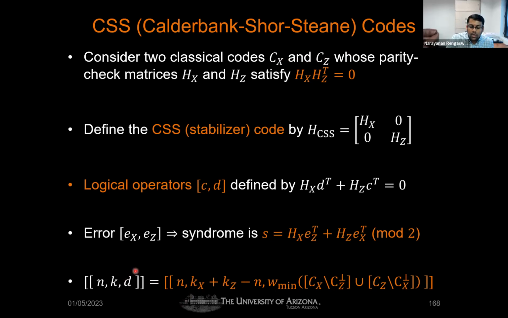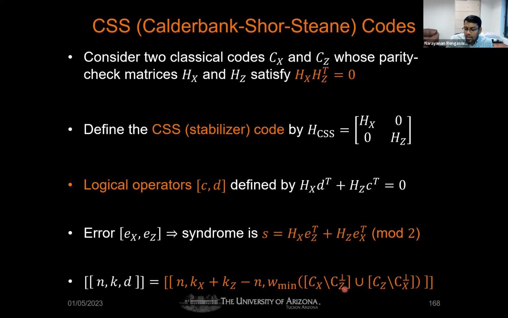Finally, the minimum distance of the quantum code is given by the minimum weight of vectors in this union space. The first space is the code CX minus the dual code of CZ. You can check that the dual code of CZ will be a subcode of CX, meaning that it will be inside the code CX.